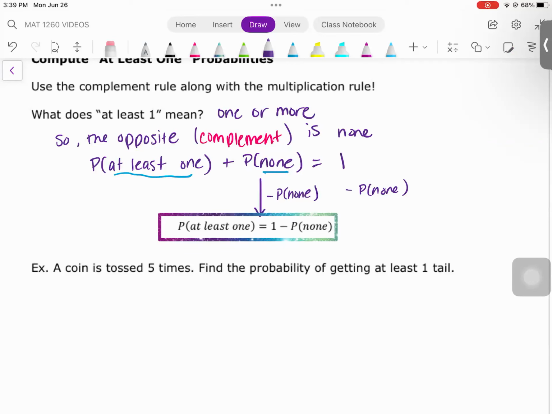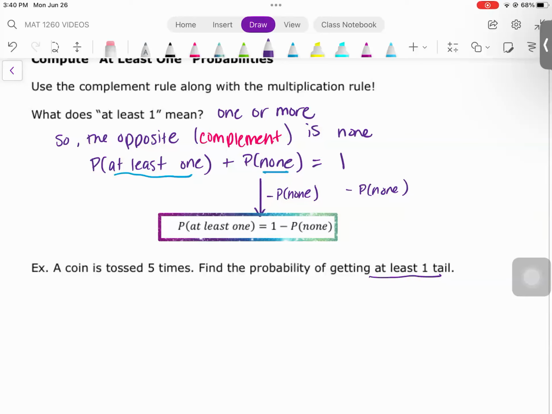A coin is tossed 5 times. Find the probability of getting at least 1 tail. So "at least 1" is our indicator that we're going to use this formula. I do want to point out that this formula is only true for at least 1. It doesn't work for at least 2 or at least 3. There are other ways that we work on those problems.